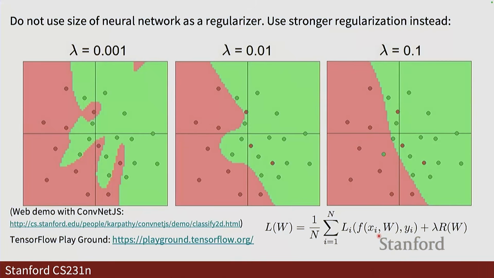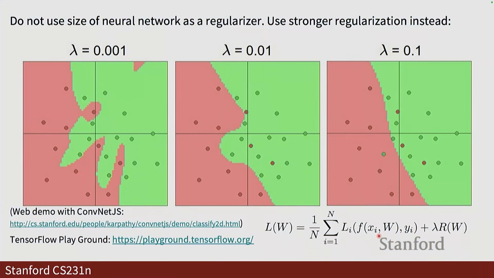And one thing that, as a rule of thumb, I want to highlight for you is to not use the size of the neural network as a regularizer. We don't often use that as a hyperparameter to fine-tune the network size, although we experiment with different values of the network size and related hyperparameters.